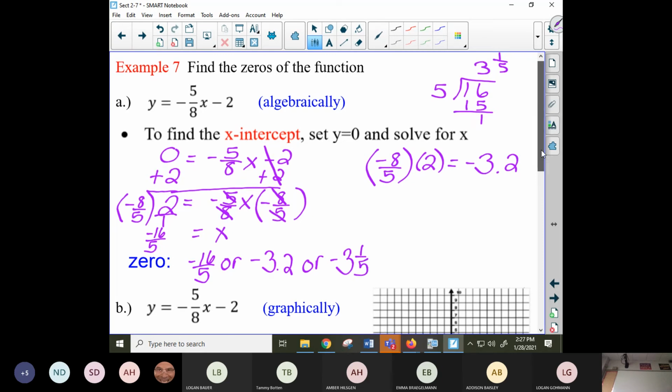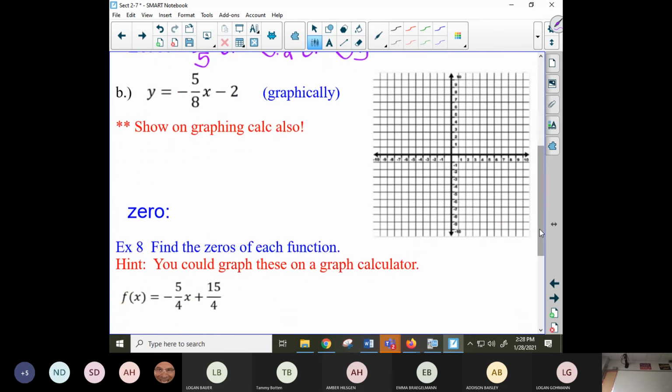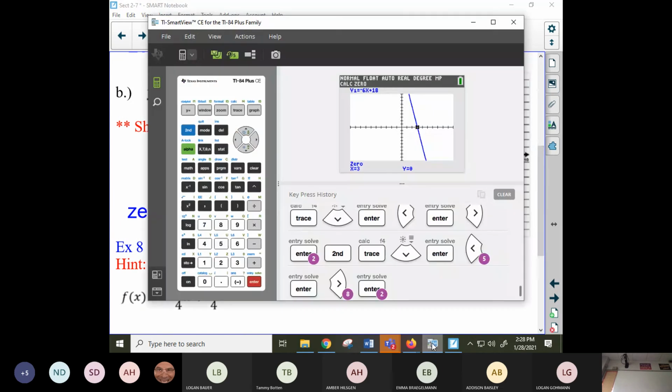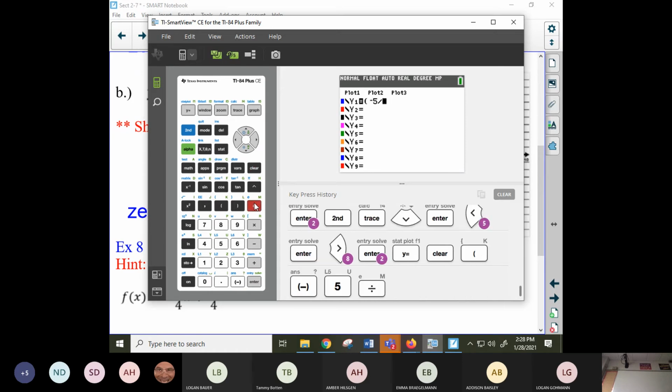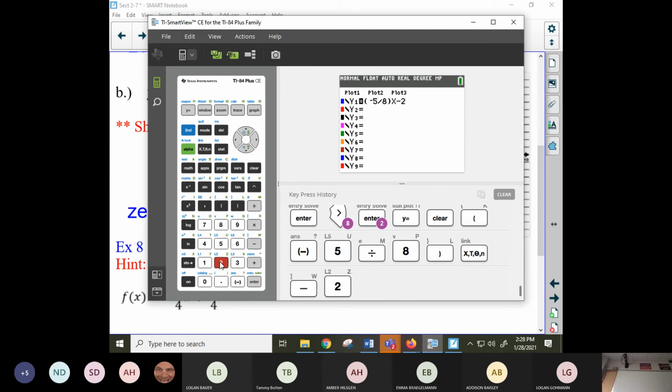Okay? Now, we are going to do that same thing on our graphing calculators. Go to your y equals and clear. We are going to type in -5/8. So I'm going to go parenthesis, -5 divided by 8, parenthesis, x, and then subtract 2.